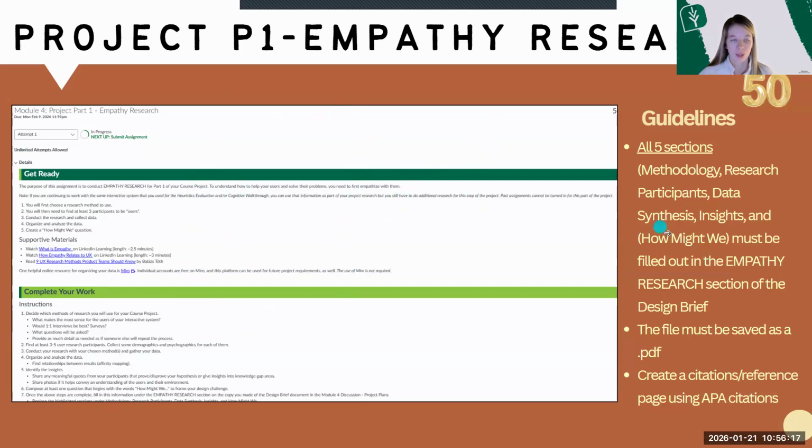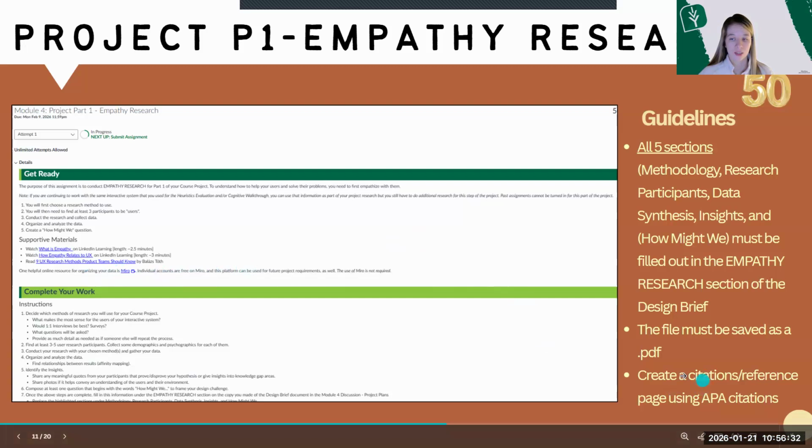And the design brief is given to you guys as well. There is a helpful resource talking about Miro that I discussed in the video. Your file must be saved as a PDF, and then make sure that you create a citation for whatever reference that you guys use.